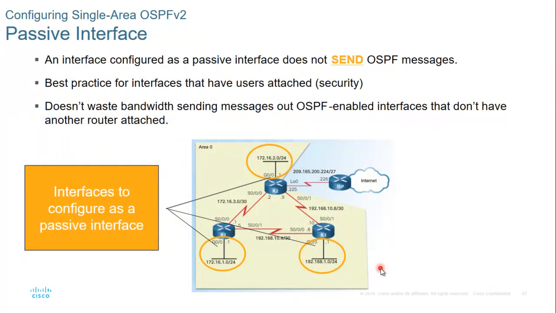Again, passive interface. We have seen this many times before. You know what it is. It is an interface that you don't want to send routing updates to. They don't need it, so we don't want to waste bandwidth. So we set those interfaces as passive interface. Here, in this example, all the LANs of the routers are set as passive interface.